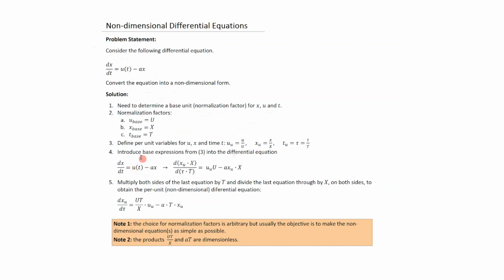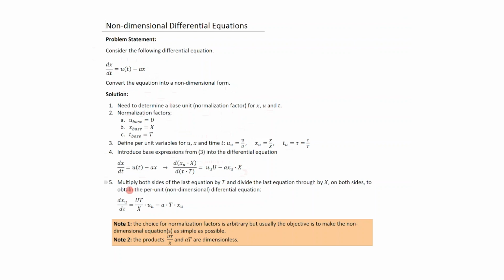And now what we do is we introduce the base expressions from this back into the differential equation. And you'll see what I've done here. Basically, x per unit times X brings you back to x. Tau times T brings you back to t. u per unit times U brings you back to u, and x per unit times X brings you back to x. So through substitution, we have this.